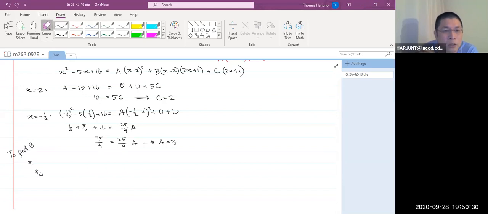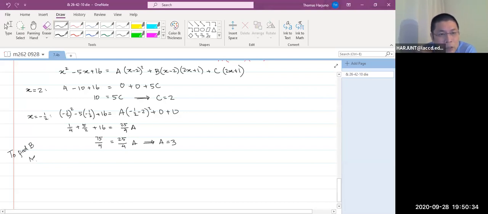the first alternative to find b, I can still use method 2, the special numbers. Okay, let's say I choose x equals 1. So when x equals 1, on the left-hand side, I get 1 minus 5 plus 16, right?